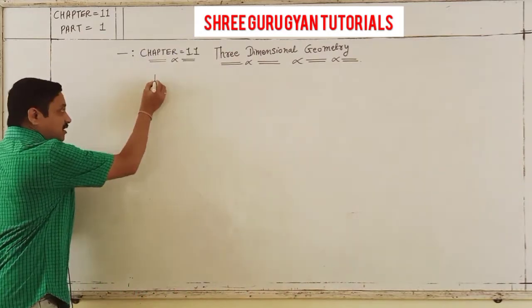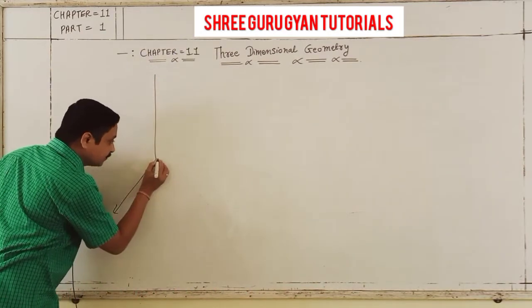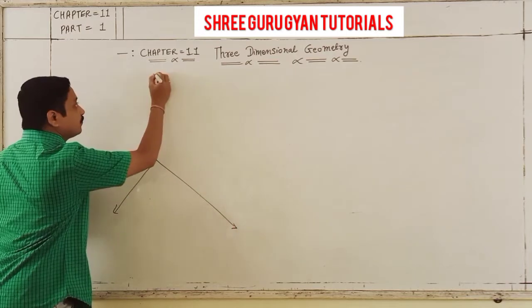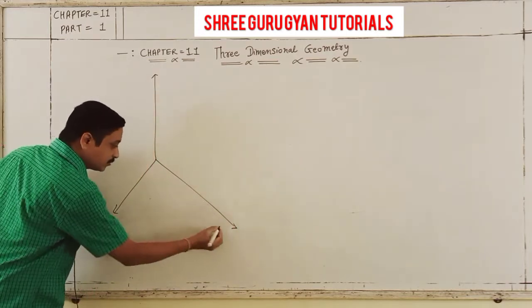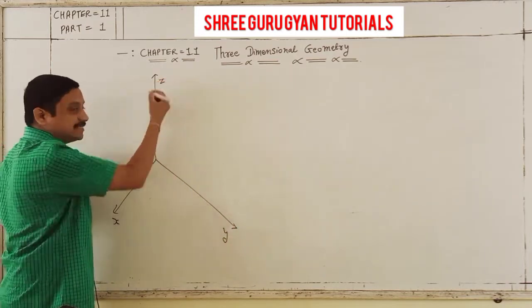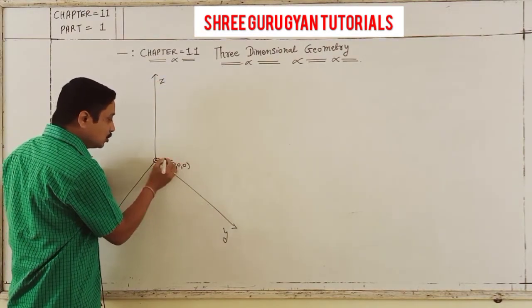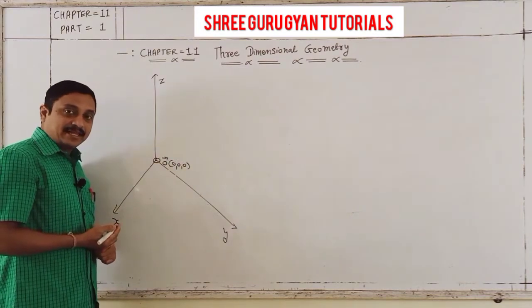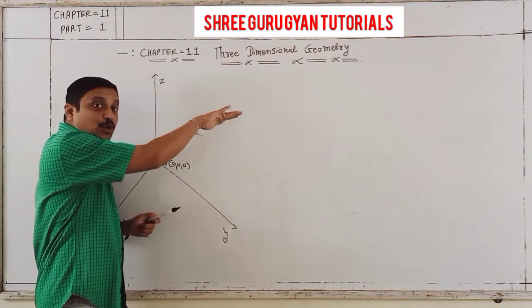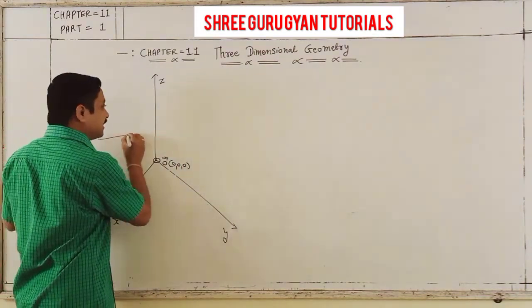So students, in our octants, that's your x-axis, y-axis and z-axis, and that's the origin (0, 0, 0) or zero vector. And here students, one line is passing through this space, just like that.